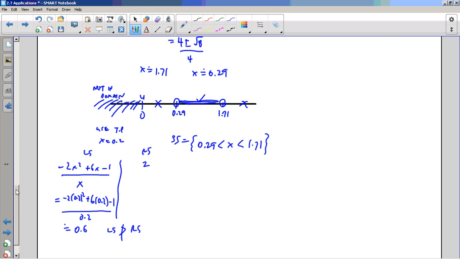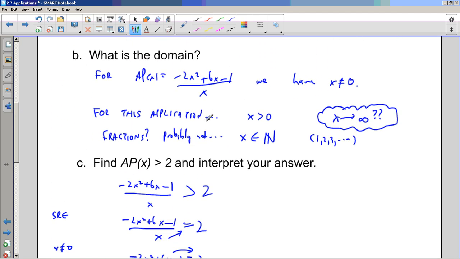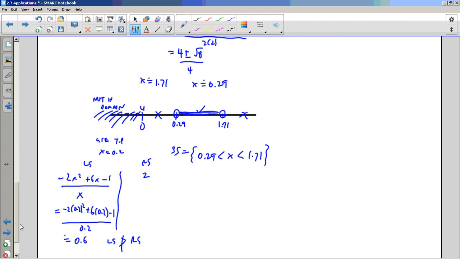But let's think of this. Remember, this is glasses of lemonade, and we talked about how probably this would have to be a natural number. So what natural numbers are in there? Not many, just 1. That's the only natural number that's in my solution set.